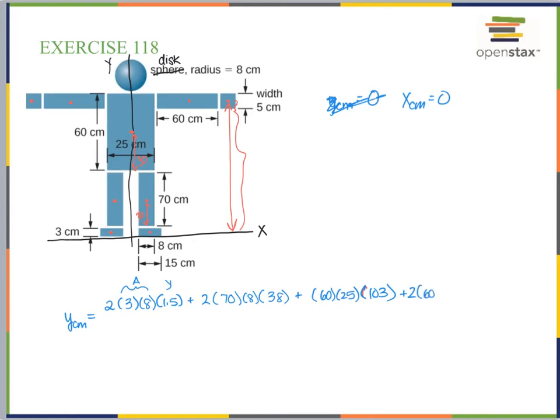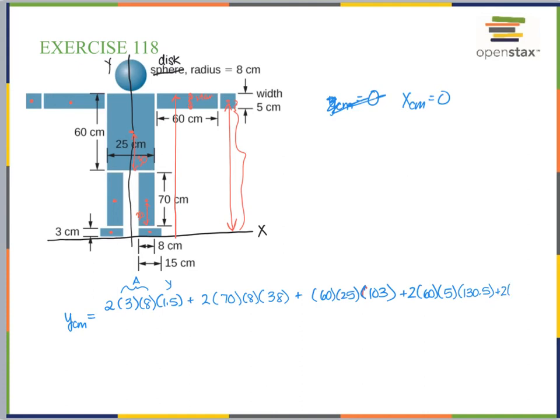Each arm is 60 centimeters long and 5 centimeters high, and the middle of that is 2.5 centimeters from the bottom, or I actually measured from the top 2.5 centimeters, because I figured out that from the bottom of the feet to the top of the arms was actually 133 centimeters, and so this position of the middle of his arms would be 133 minus 2.5, so it's 130.5.